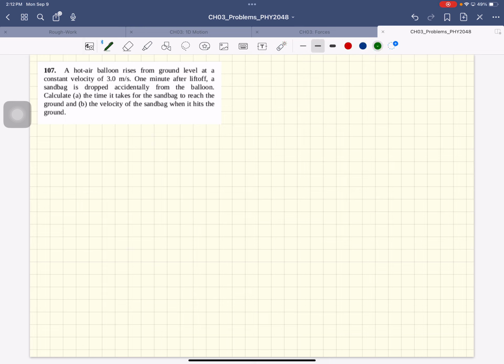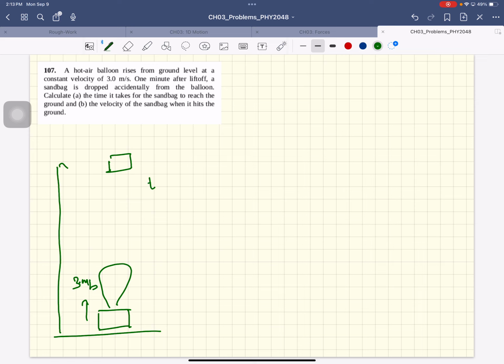So this is ground level, and it starts off at 3 meters per second. 1 minute later is 60 seconds. In 60 seconds, it was going at constant velocity, 3 meters per second, so 3 times that is 180 meters up.